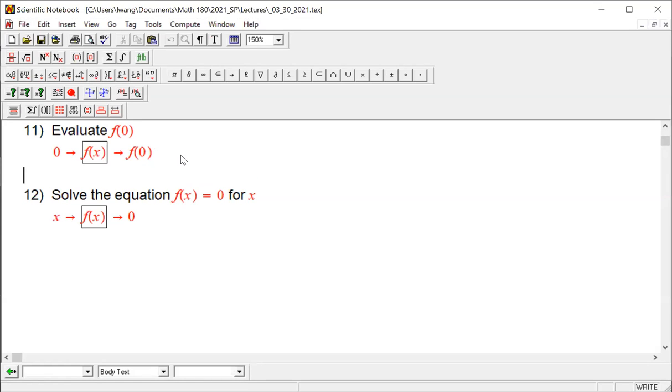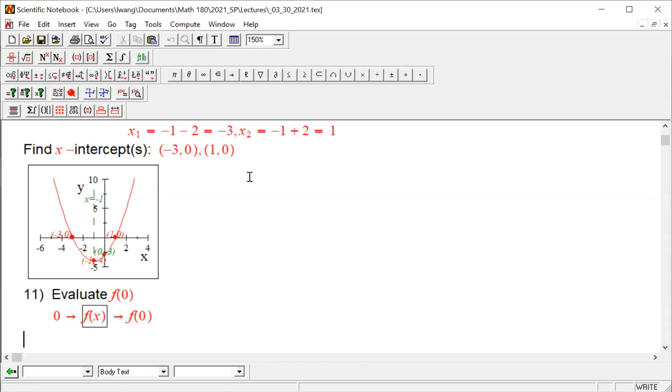And how about from the geometric perspective? When we're given x = 0, the input is 0, we basically draw the vertical line x = 0, the y-axis. That's right. So this is the meaning from the functions perspective.